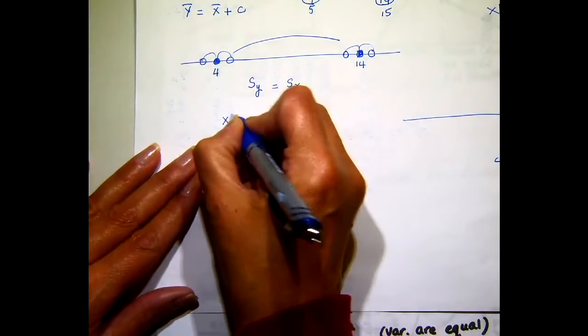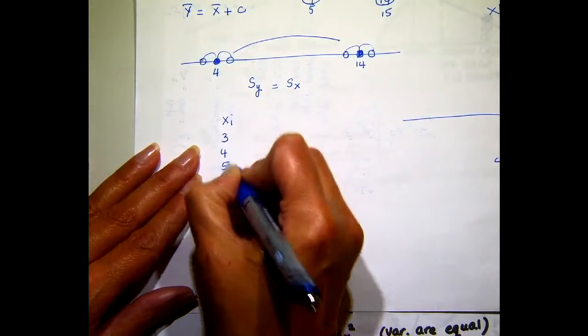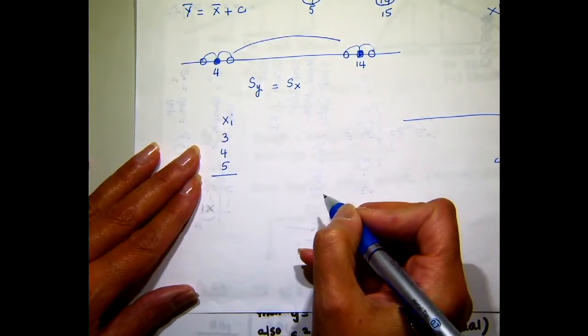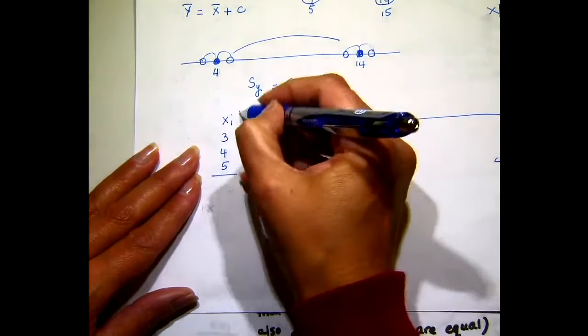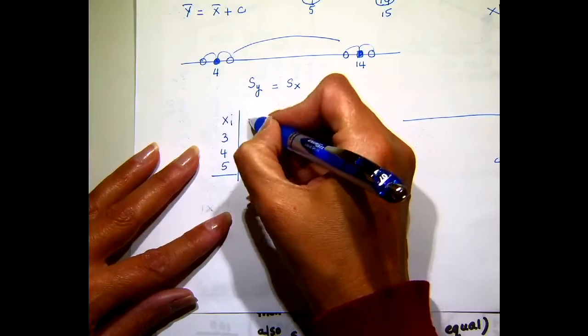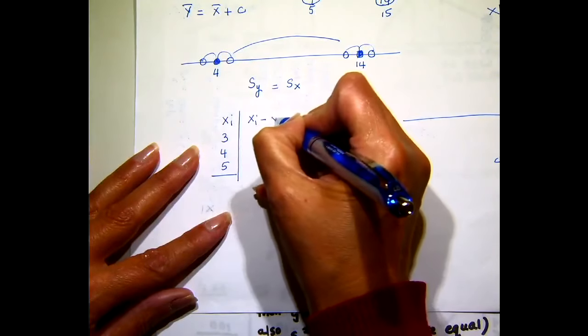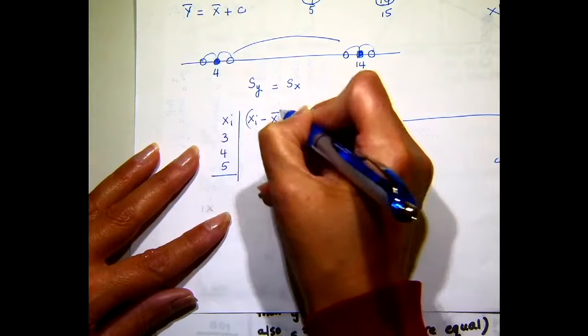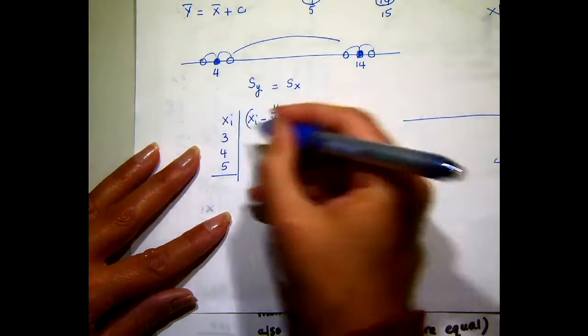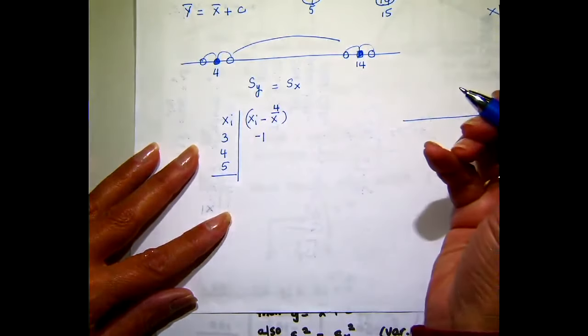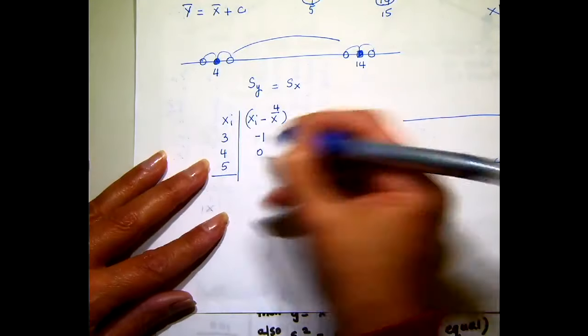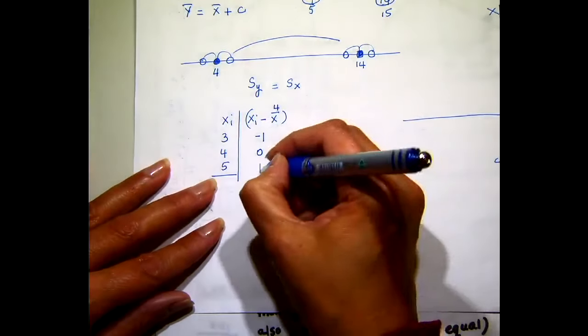Look at this. xi is 3, 4, and 5. The mean was 4, right? So my deviations column would be xi minus x bar, where x bar is 4. So 3 minus 4 is negative 1. 4 minus 4 is 0. 5 minus 4 is 1.